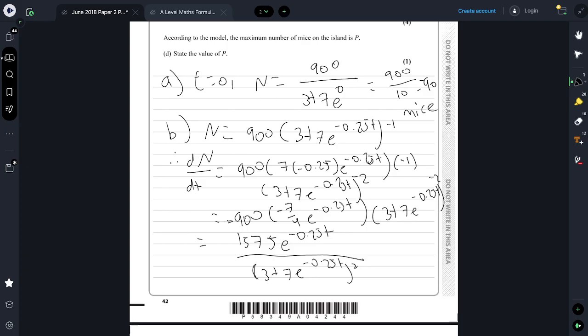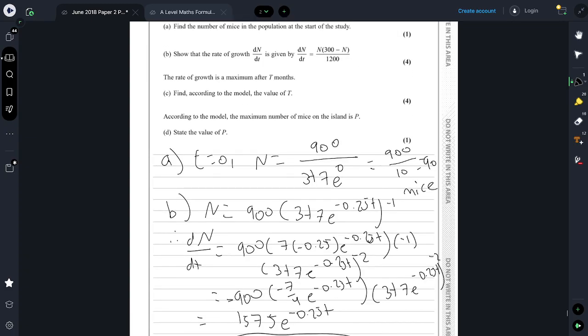No, hang on. 900. So that'd be a negative, right? Negative 7 over 4. And then the times by minus 1, which is minus 900 of that. But then the negatives cancel out. So I've got 1575, but the answer is minus 1575.